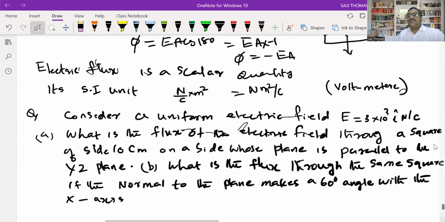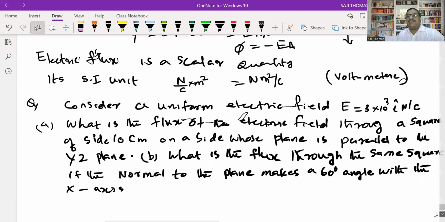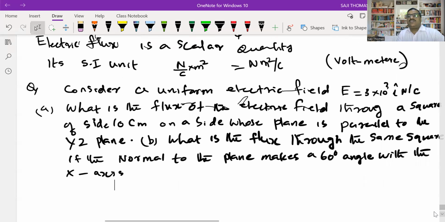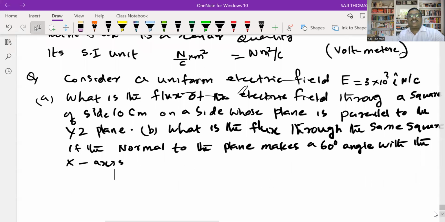Okay, so read and understand the question. Consider a uniform electric field E, 3 into 10 raised to 3 i hat. Since i hat is given, the direction of the electric field is along the x direction. You have to find the flux of this field through a square of side 10 centimeter whose plane is parallel to the YZ plane.